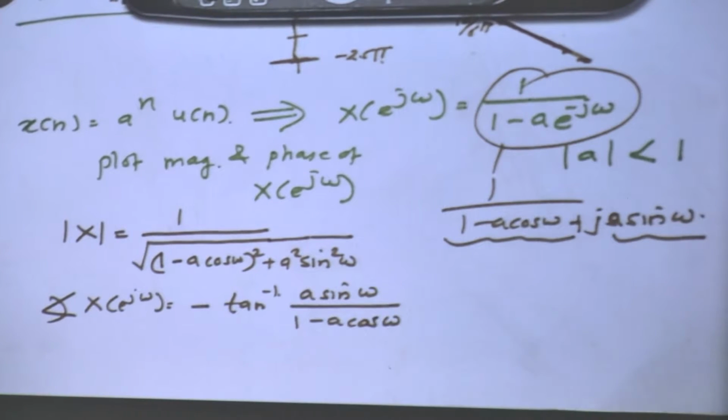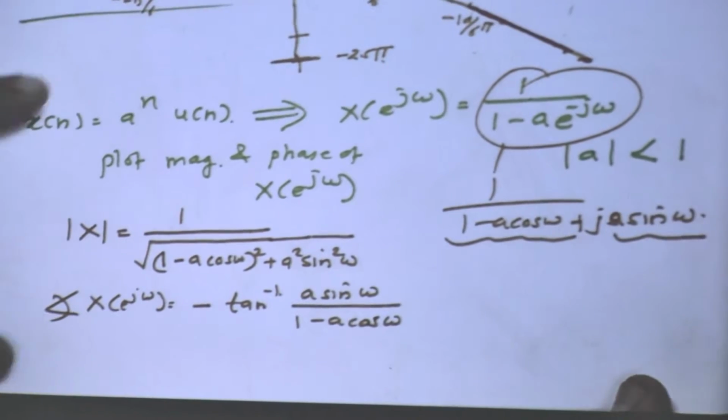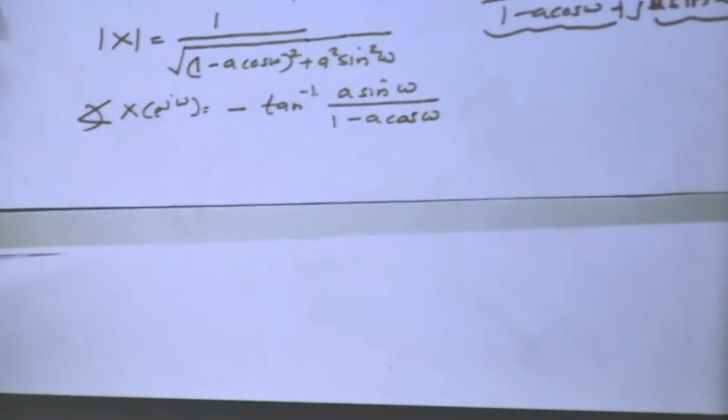By varying the values of a and omega, you can plot it. You can take typical values and then plot. Which typical values? In the range of minus pi to plus pi, take any values.